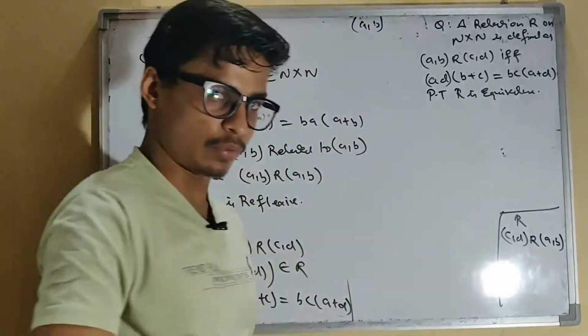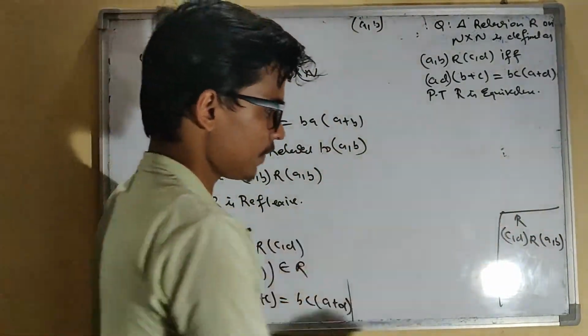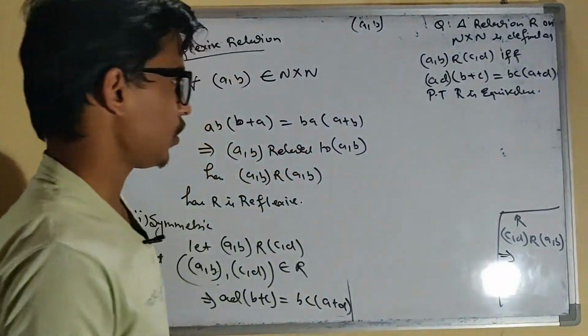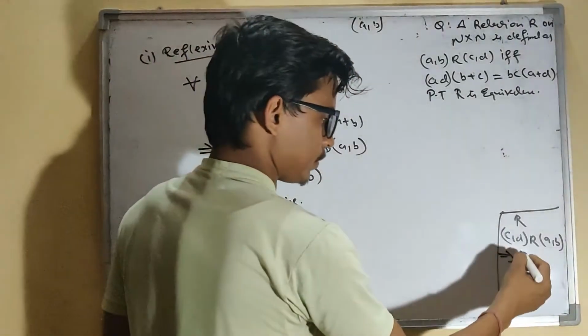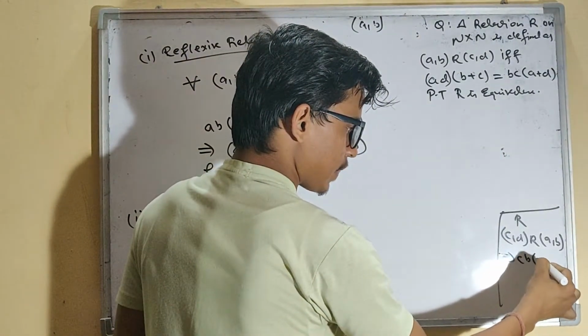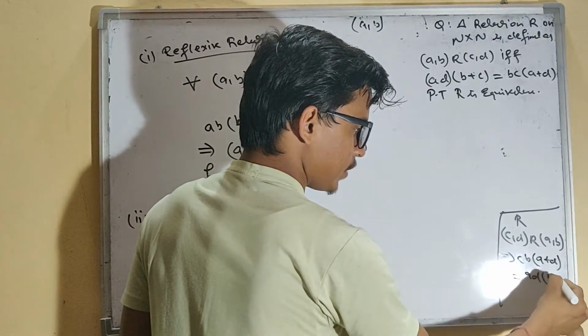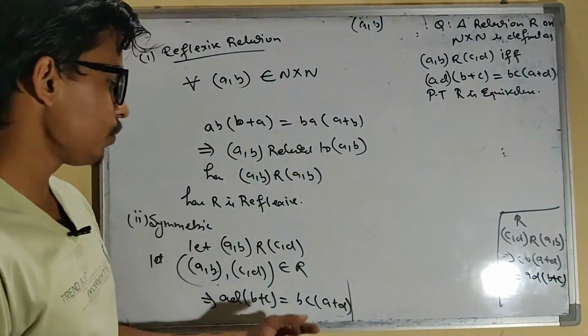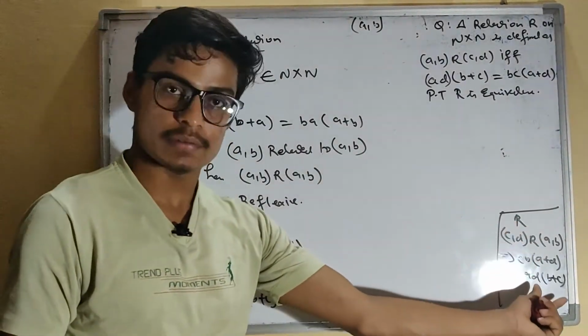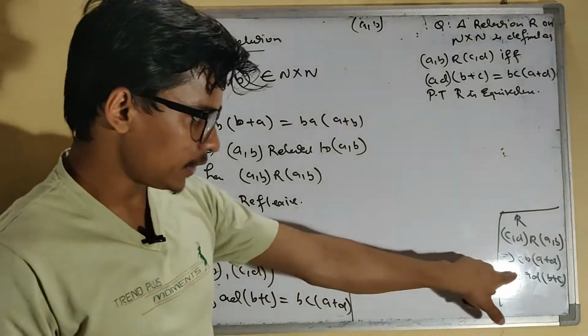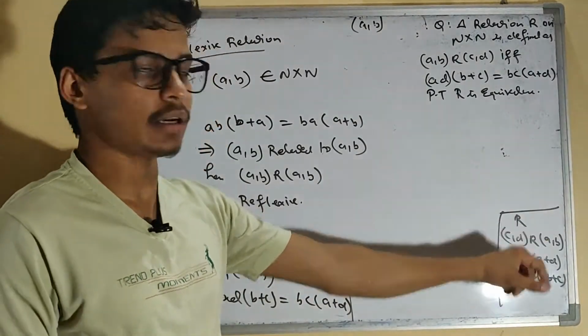That is what we have to prove, and in order to prove this, we have to check whether these are equal or not. Okay, what we have to do: cb(a plus d) is equal to ad(b plus c). So in order to prove this, you have to prove this. If by the help of this you can get this, then this implies that they are related to each other.